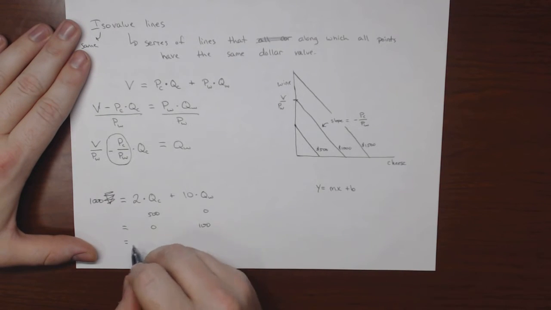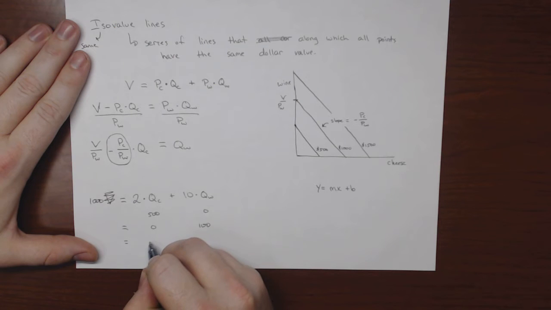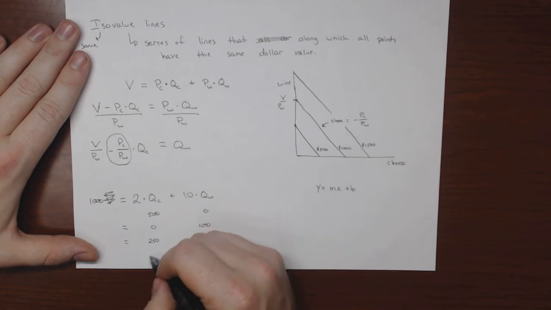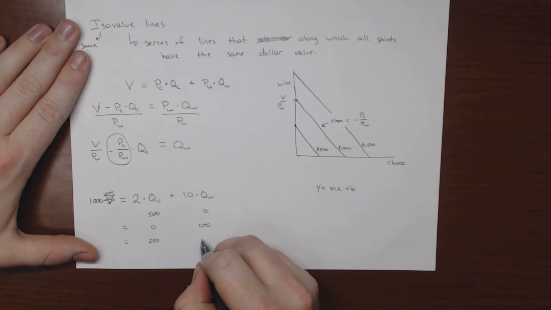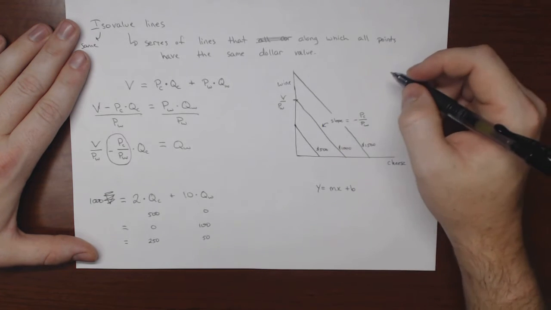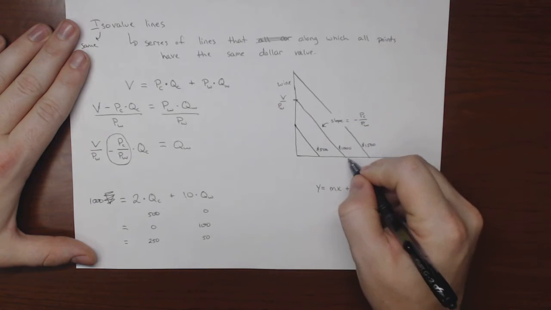And we could get it with, let's say, how about 250? So that gets us a total value of 500, and this would be 50. So all these combinations would be different points along the line.